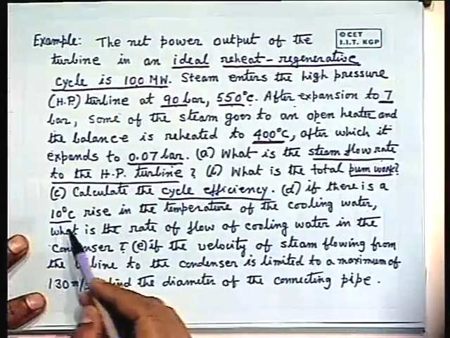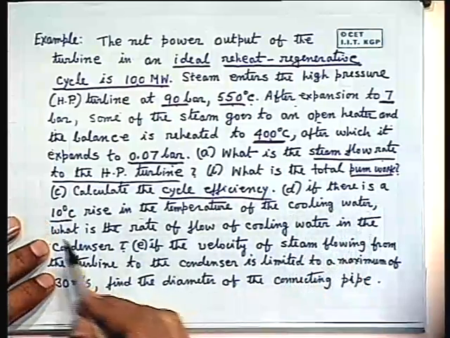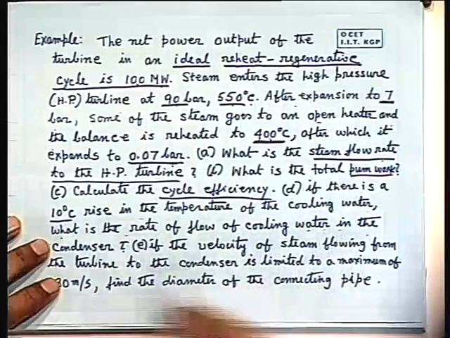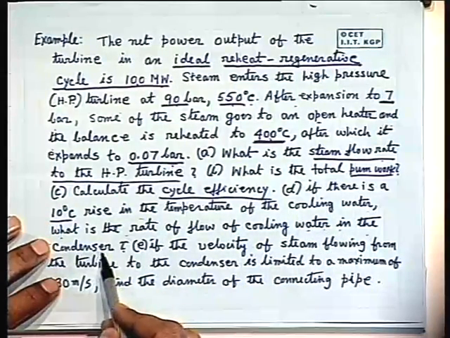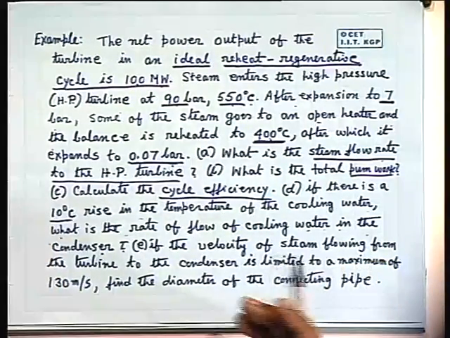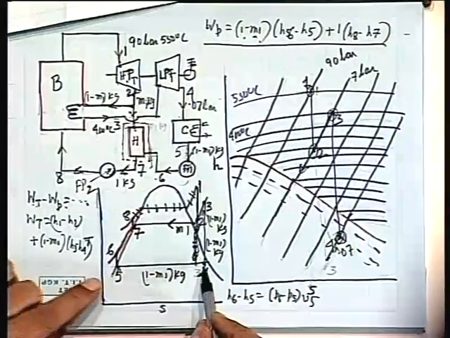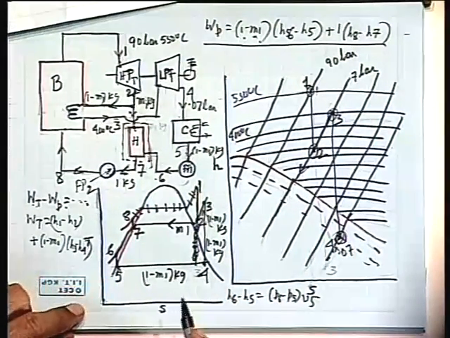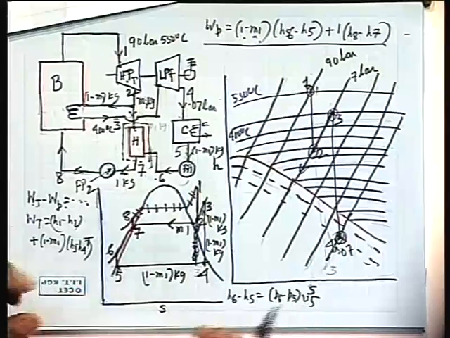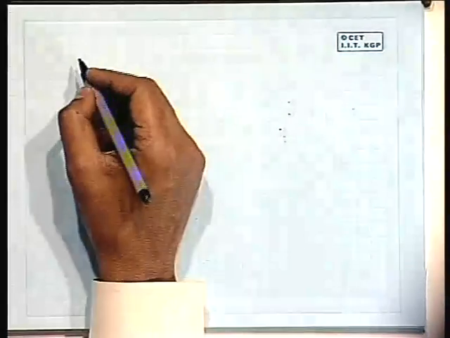Now the next part is simple. What is that? Heat transfer. If there is a 10 degree rise in the temperature of the cooling water, what is the rate of flow of cooling water in the condenser? The rate of flow of cooling water is from the condenser heat balance. M dot Cp into delta T is equal to the heat lost in the condenser. That means H4 minus H5 into the mass flow rate. This part is very simple.